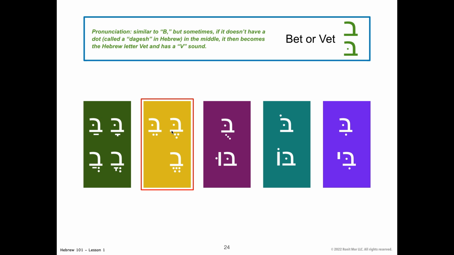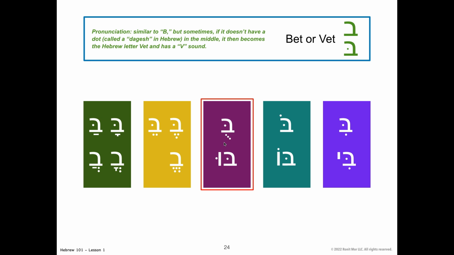This one is be, but then the third letter without the dot in the middle, how is it going to sound? Ve. Ve, exactly. Next one, we have the slope. So bu. Boo. So it's like B-O-O. Boo.